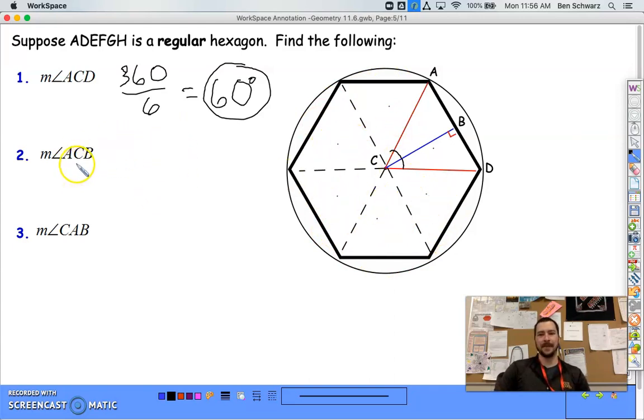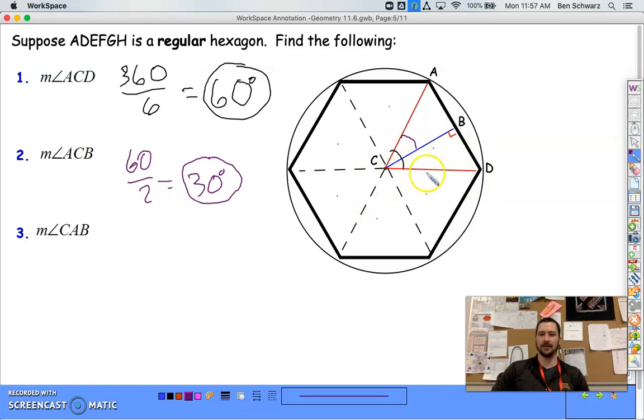Next is ACB. So ACB here, want to find this angle, use a different color. So that angle is actually just going to be half of 60. So we just take 60 divided by 2, and we get 30 degrees. And we know we can divide it by half because these two triangles would be congruent by hypotenuse leg.